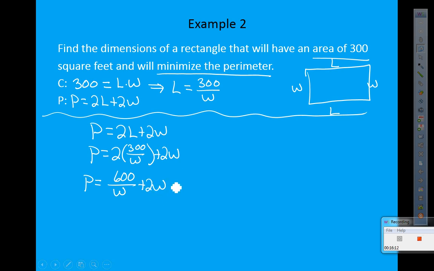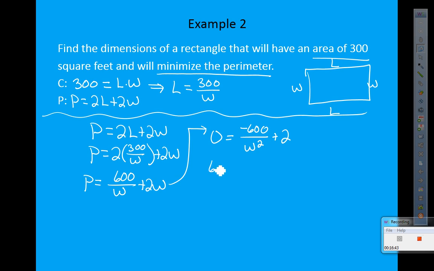We'll find our derivative, and we're going to set that equal to 0. So the derivative of this looks like negative 600 over W squared plus 2. And I need to set that equal to 0. So at this moment, one critical point is 0, but if I had a side of 0, I have nothing. So the 0 doesn't matter.